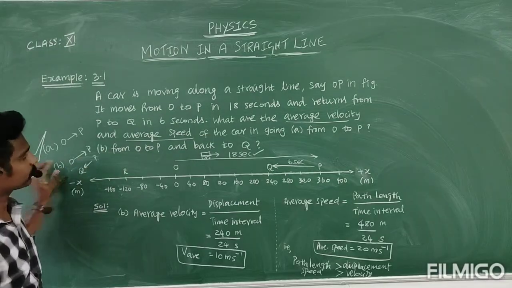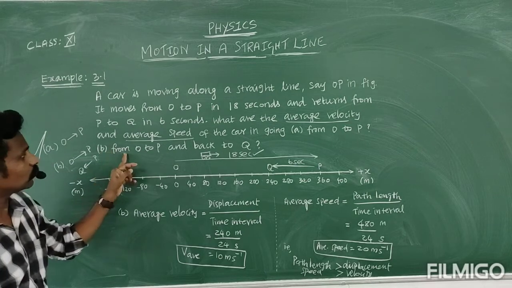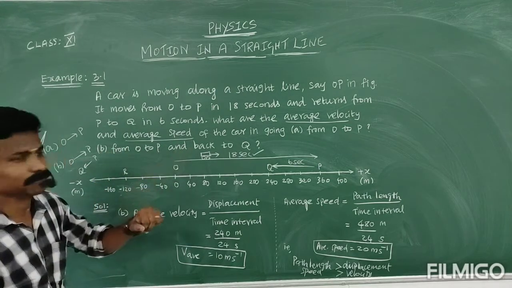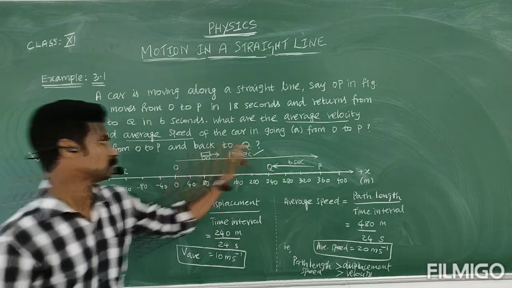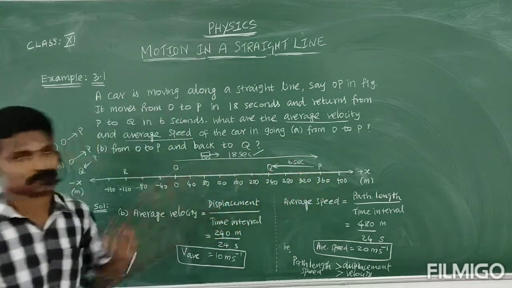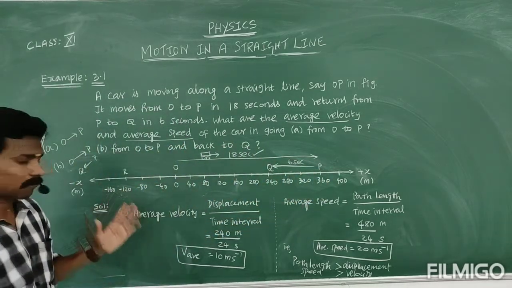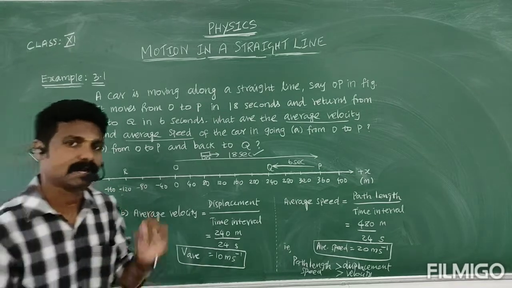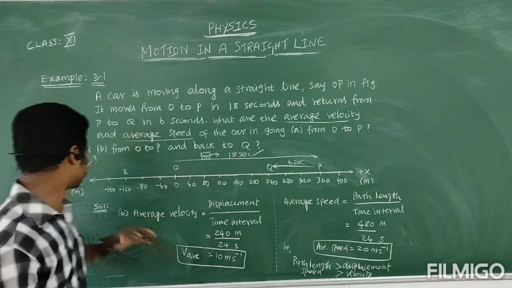The second case, question B, is from O to P and back to Q. In this situation, what are the average velocity and average speed? Please listen.